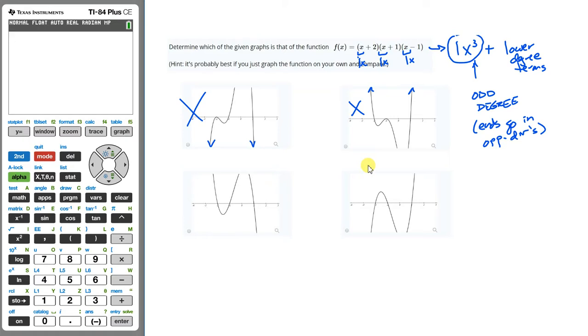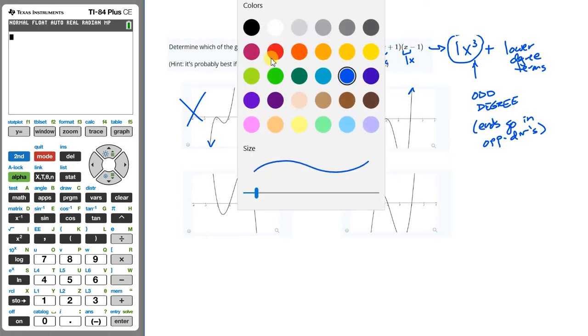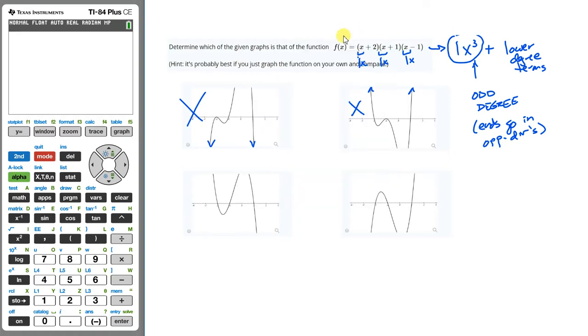Okay, now, what about between these two guys? First of all, do we have the right x-intercepts? Where are my x-intercepts? My x-intercepts occur wherever the factor turns out to be 0. So if I set x plus 2 equal to 0, I get x equals -2, so I have to have an x-intercept at -2. I'm going to have an x-intercept here.